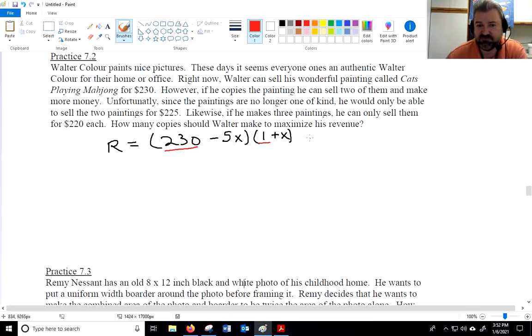The original quantity was only one painting because everybody wants one, so he sells every one he makes, right? Then as he decreases the price by $5 by copying it, he then gets to sell one more at x. And so let's graph that and see where that ends up putting us. 230 minus 5x times 1 plus x.